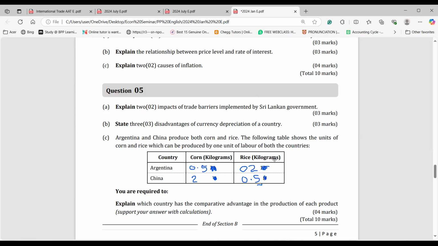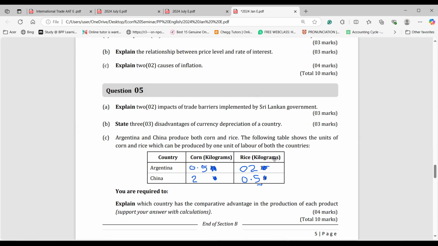On the other hand, China produces rice at the lowest opportunity cost compared to Argentina.